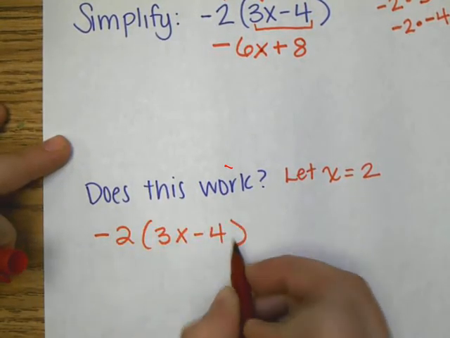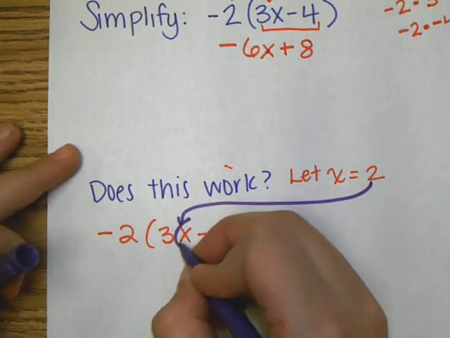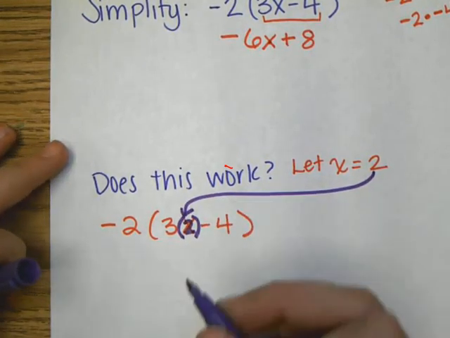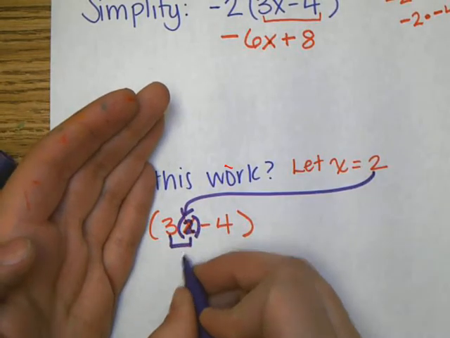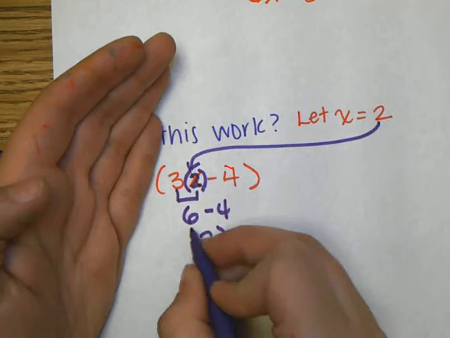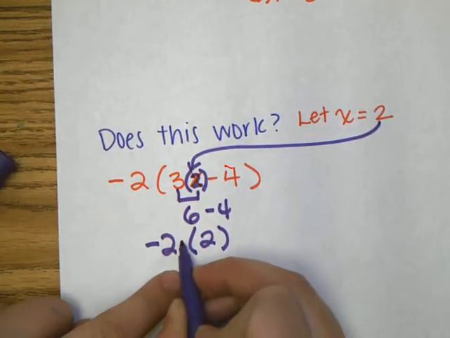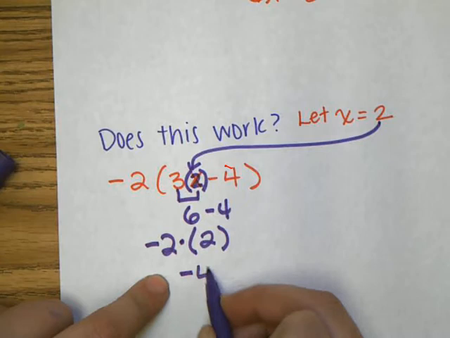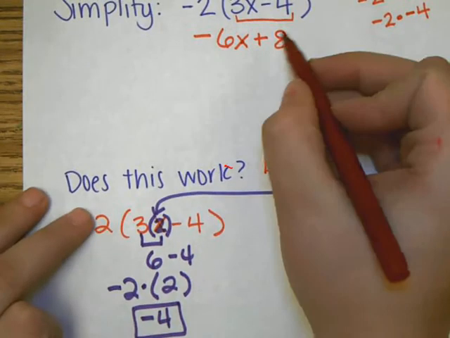So if I take my original expression, and I'm going to take out the x and substitute in a 2 here. So now I can do the parentheses because there's no variable. So 3 times 2 is 6, minus 4 is 2. And then bring down the negative 2, and again there's nothing in between, so that means multiply, and we get negative 4.